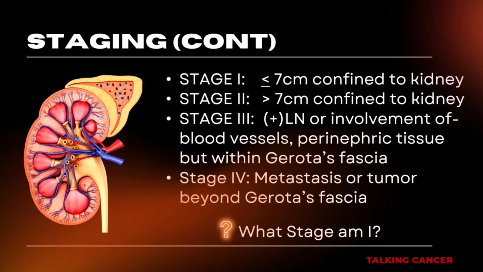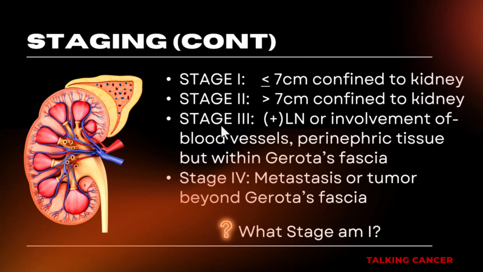So let's go here to this picture, and starting on top, stage 1 kidney cancer means that you have a mass that is 7 centimeters or less in size, and that the tumor is confined to the kidney. So, for example, you may have a mass anywhere here in the kidney, okay? It's not invading anything else, and it's 7 centimeters or less. Stage 2 is the same thing. It's not invading anything around, but it's greater than 7 centimeters.